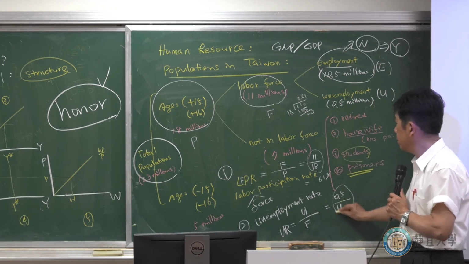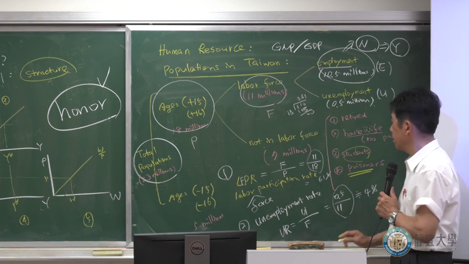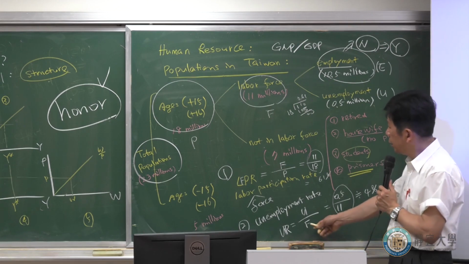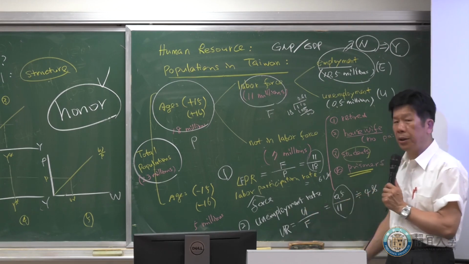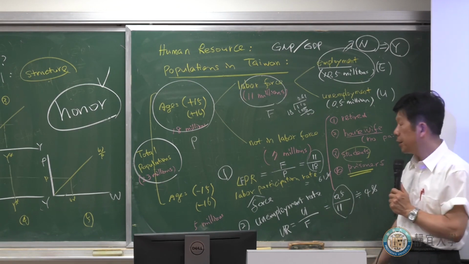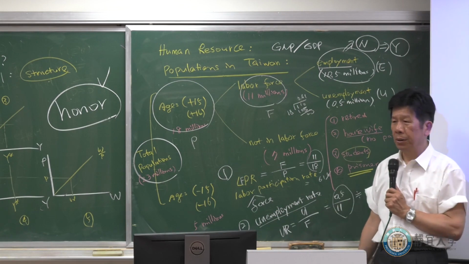And this one, the unemployment rate, is near maybe 4%. So you can calculate what we call the unemployment rate. When you read the newspaper, you can see, oh, this is our unemployment rate.